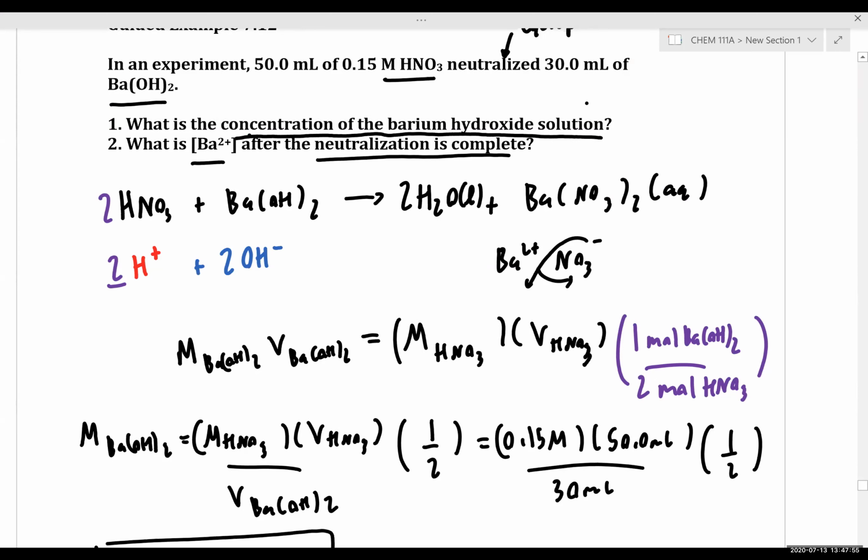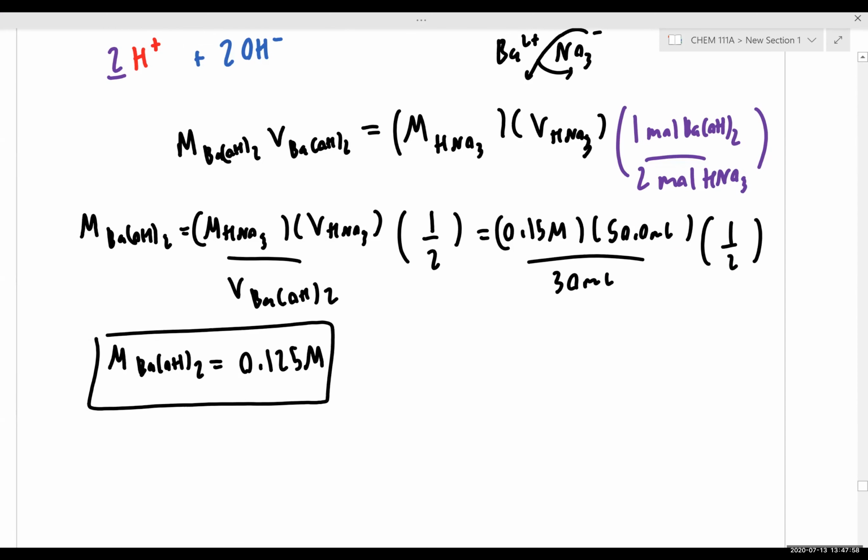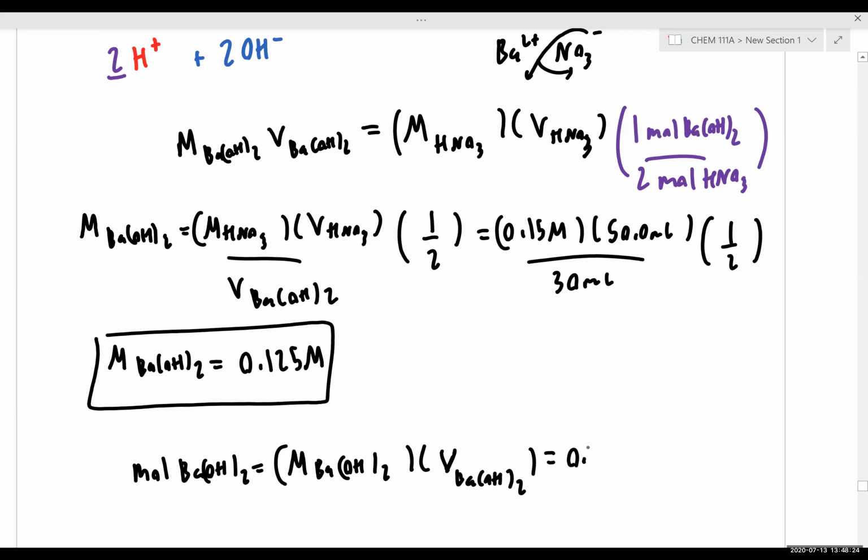Since this is a complete reaction, we know that the moles of barium hydroxide that we started out with is equal to the molarity of barium hydroxide times the volume. So then we have 0.125 moles of barium hydroxide per 1 liter.